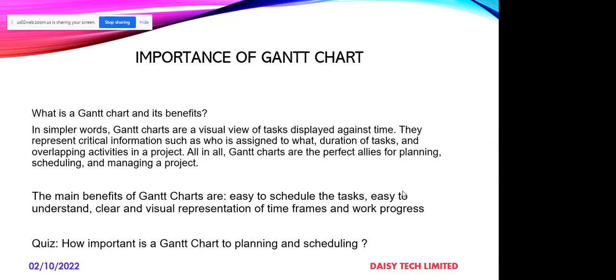So what's the importance of a Gantt chart? In simple words, a Gantt chart is a visual view of tasks displayed against time that represents critical information such as who is assigned to what, duration of tasks, and overlapping activities in a project. All in all, Gantt charts are the perfect allies for planning, scheduling, and managing projects.